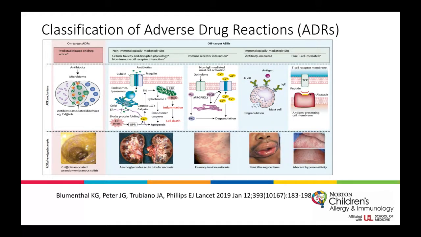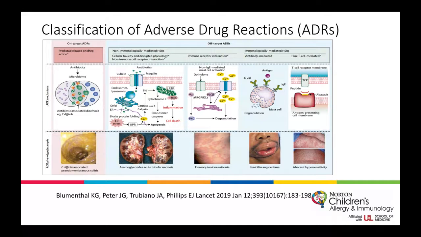So, immunologically mediated hypersensitivity reactions. These are your classic type 1 to type 4 hypersensitivity reactions. Here they have broadly defined it into antibody and pure T cell mediated reactions. Your antibody mediated reactions are type 1 to type 3, so IgE mediated, so penicillin, angioedema, or any IgE mediated process comes under this.